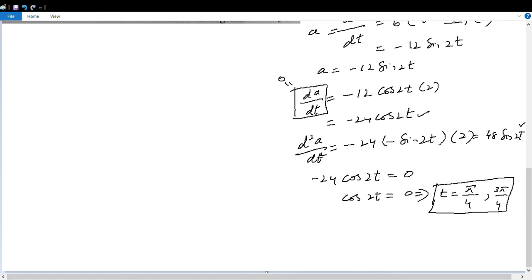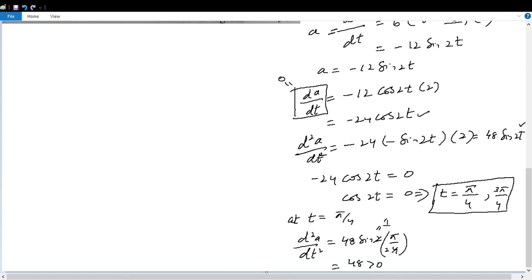So when we substitute t is equal to pi over 4, d square a over dt square will be equal to 48 sine 2 pi over 4, that will be, this will cancel, and you know sine 90 is equal to 1, and 1 times 48 is 48, which is greater than 0.